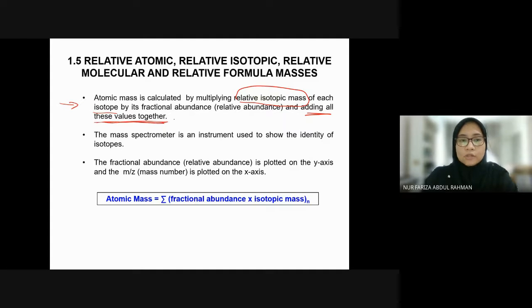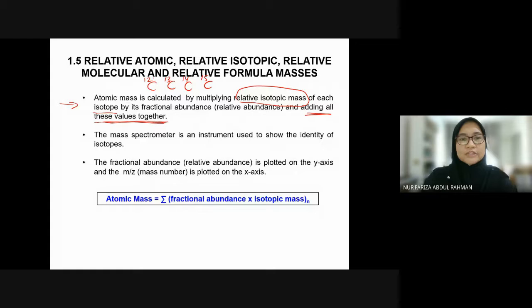Like carbon-12 just now, carbon-12, carbon-13, all the isotopes for carbon.